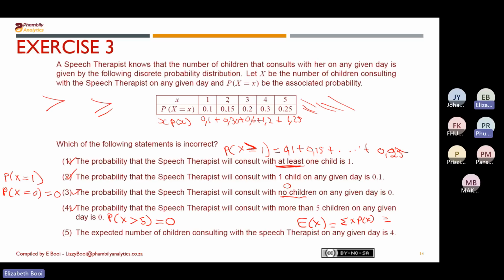If you add them, 2.85. Huh? I got 3.45. If you add 0.1 plus 0.30 plus 0.6 plus 1.2 plus 1.25, you get 3.45. Sorry, 3.45. Please check. You might have missed one value there. I did, sorry.